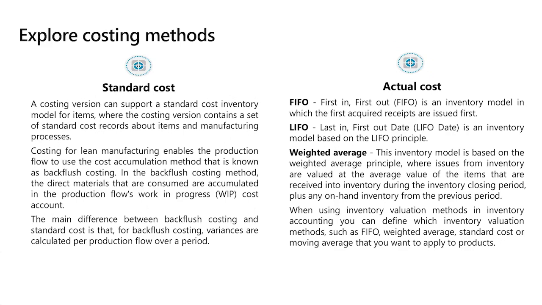You have what's called first in, first out, or you might hear it called FIFO. And this is where your company is selling the product that they brought in first. Whereas LIFO, or last in, first out, is where you are selling the inventory you brought in last. And then we have something called weighted average, which is basically where you average the cost of the inventory and how much you sell over a period of time.